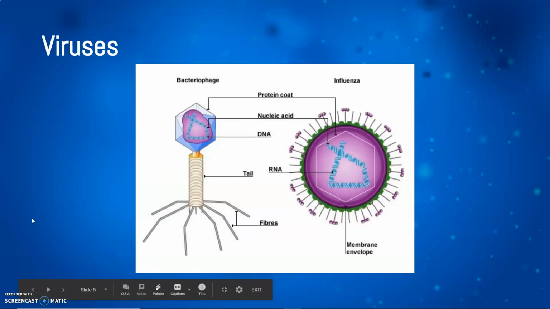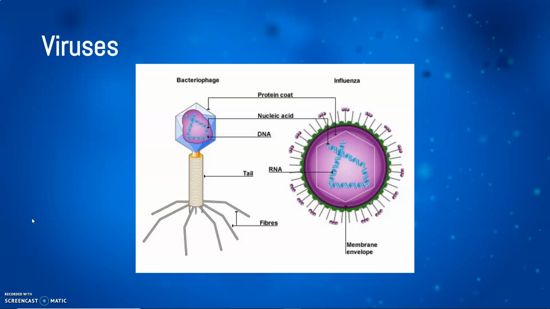And now on to viruses. Viruses typically come in many different shapes, but there's really 2 different types of viruses. There's bacteriophages and then viruses like influenza. Bacteriophages attack bacteria. All types of viruses have protein coats, which line the outer parts of the virus.